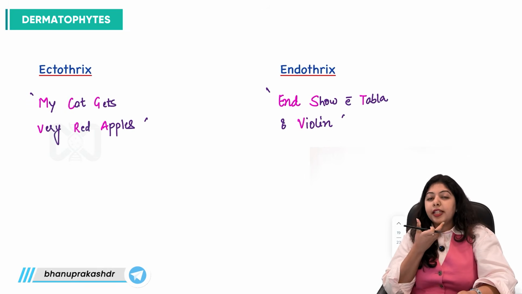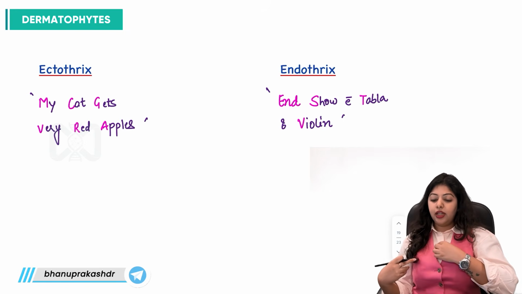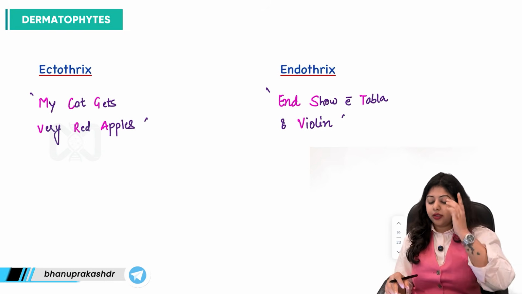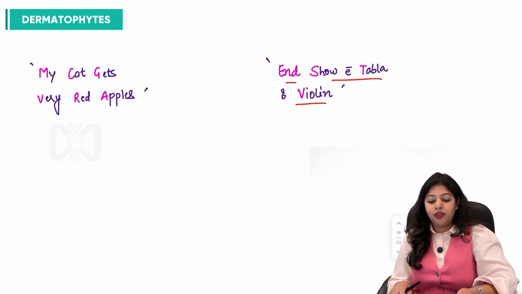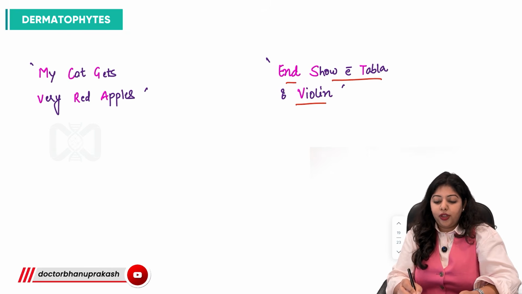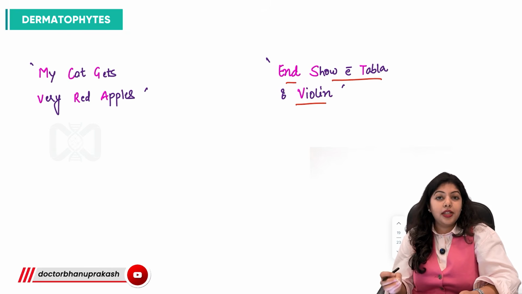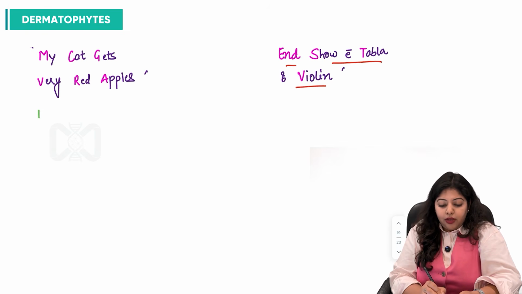Now what are the examples of these invasions, ectothrix as well as endothrix? I have two mnemonics for these again. My cat gets very red apples. Let's see which species have ectothrix invasion and which have endothrix invasion. M stands for Trichophyton mentagrophytes.